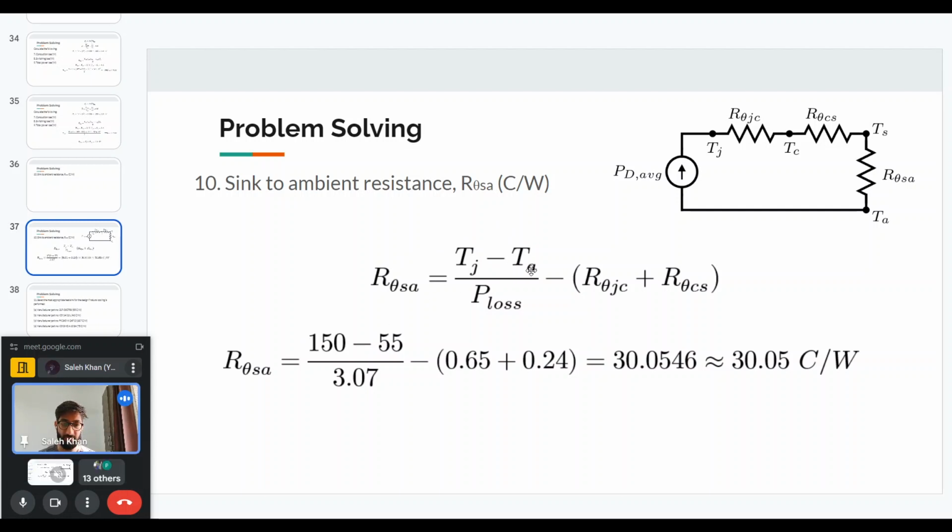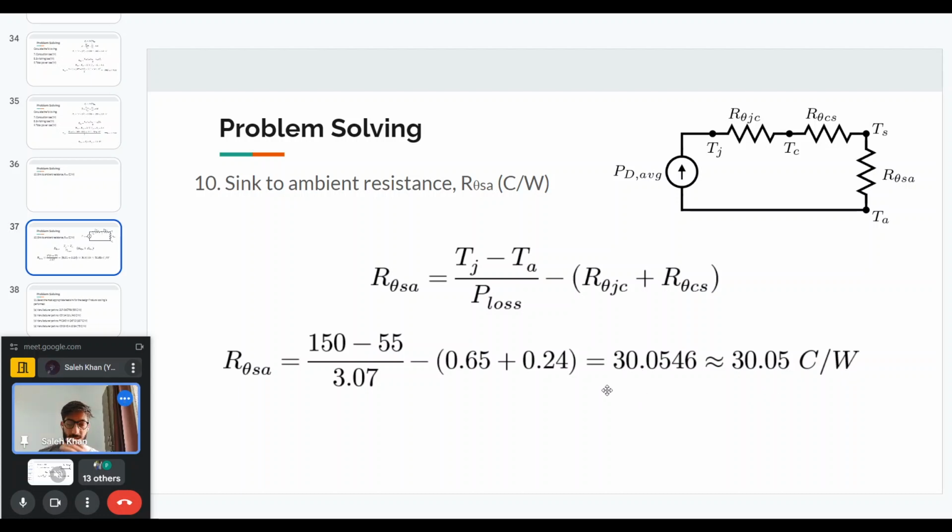The ambient temperature is given in the question as 55 degrees. P loss we calculated as 3.07 watts. And then the thermal resistances between junction to case and case to sink are given in the data sheet of the device. Once we substitute all these values, we get that the thermal resistance between sink to ambient should be around 30 centigrade per watt.